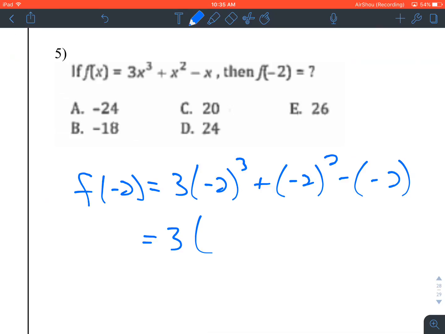You're multiplying three negative numbers, negative 2 and negative 2 and negative 2, so it's a negative 8. A negative 2 squared is positive 4. Subtracting a negative 2 is the same as plus 4. 3 times negative 8 is negative 24. 4 plus 4 is 8. That makes this negative 16.